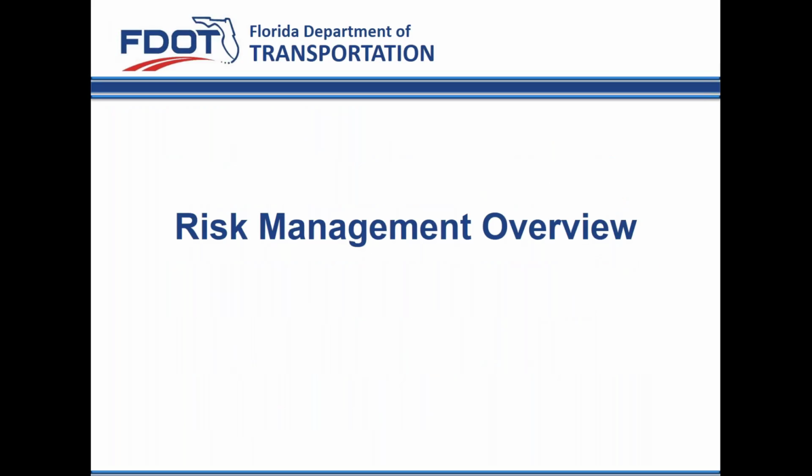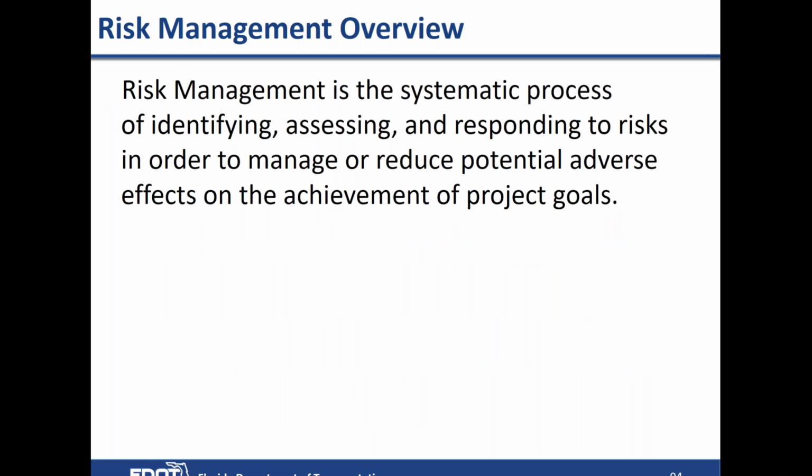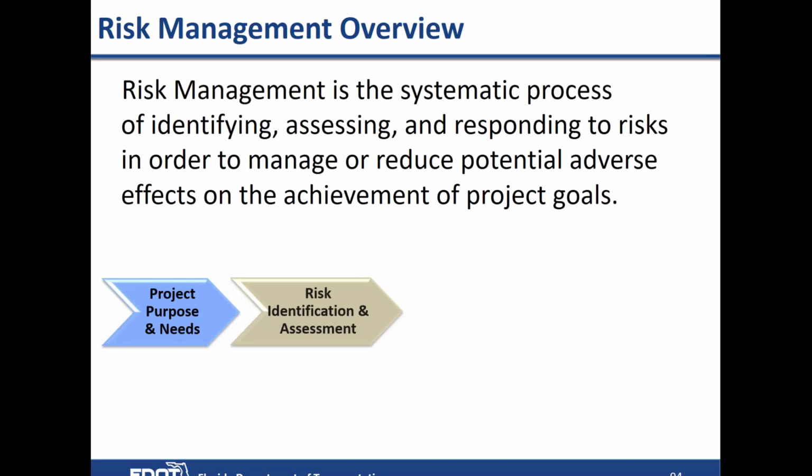So I want to give a little bit of overview on the risk management process. Risk management is a systematic process of identifying, assessing, and responding to risks in order to manage or reduce potential adverse effects on achievement of project goals. And the key here is, the project has a purpose and need.